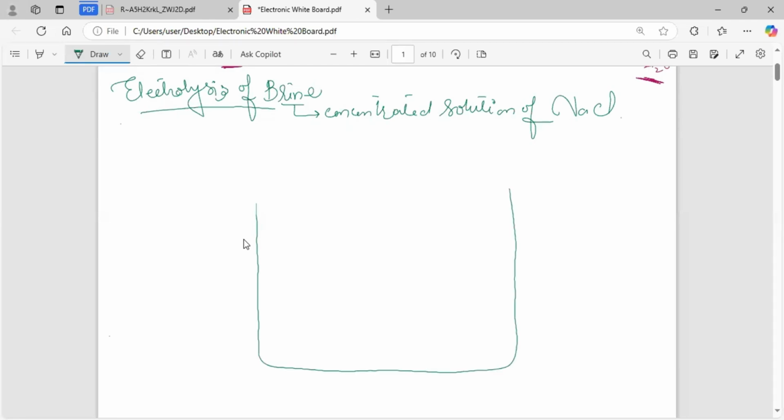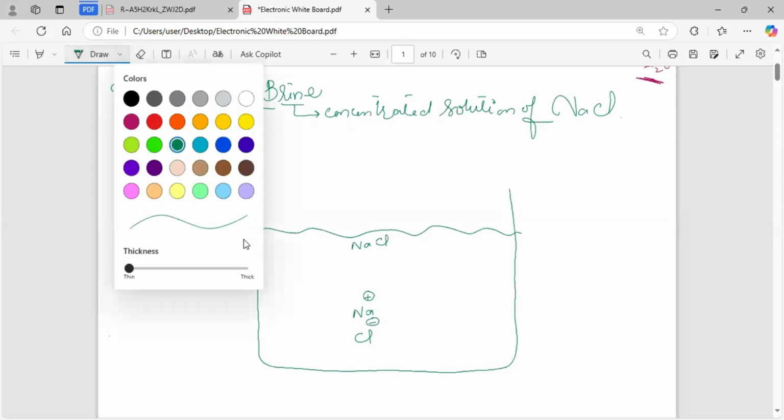We will pour a concentrated solution of NaCl into it. We know that in this solution Na is the metal, so it will be present in the form of Na positive, whereas Cl is the non-metallic part, so it will be present as an anion, the negative part.